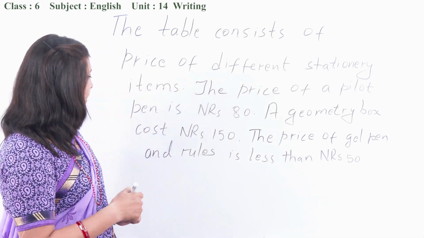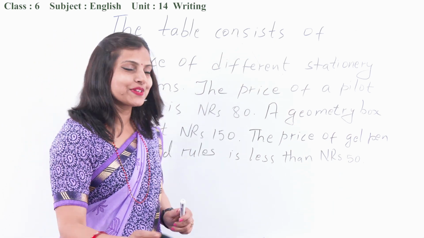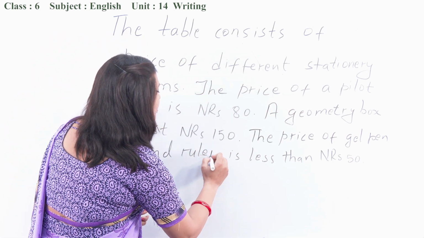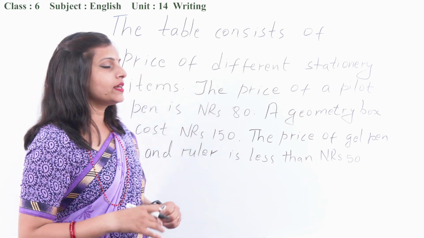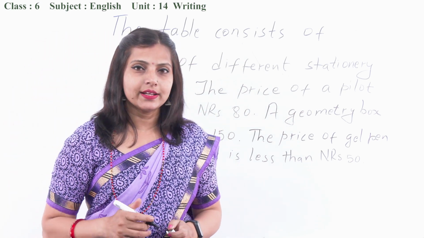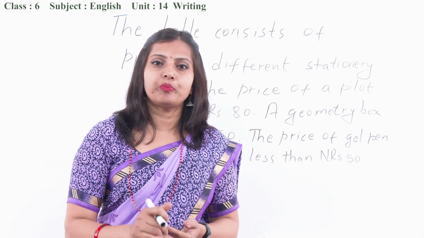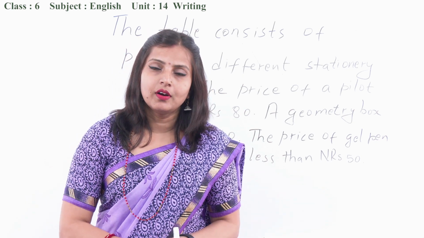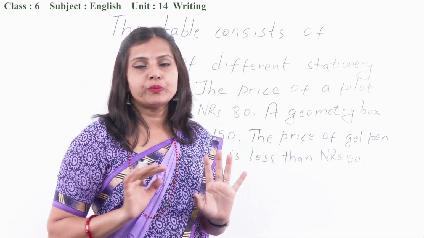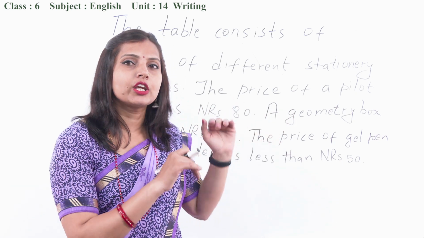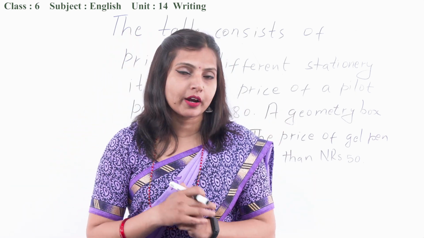Sorry, it's ruler, not rules: the price of gel pen and ruler is less than NRS 50. We just need to describe the information given in the table in the first paragraph.